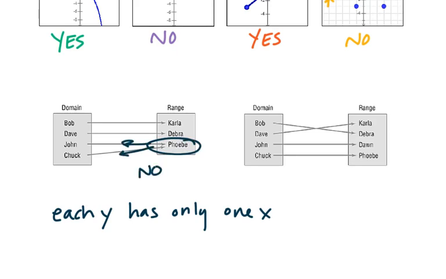We would say no. But in the second case, each of those goes to their own y, so we can say yes. All right? So one-to-oneness is defined by each y having only one x, just as a function is defined as each x having only one y.